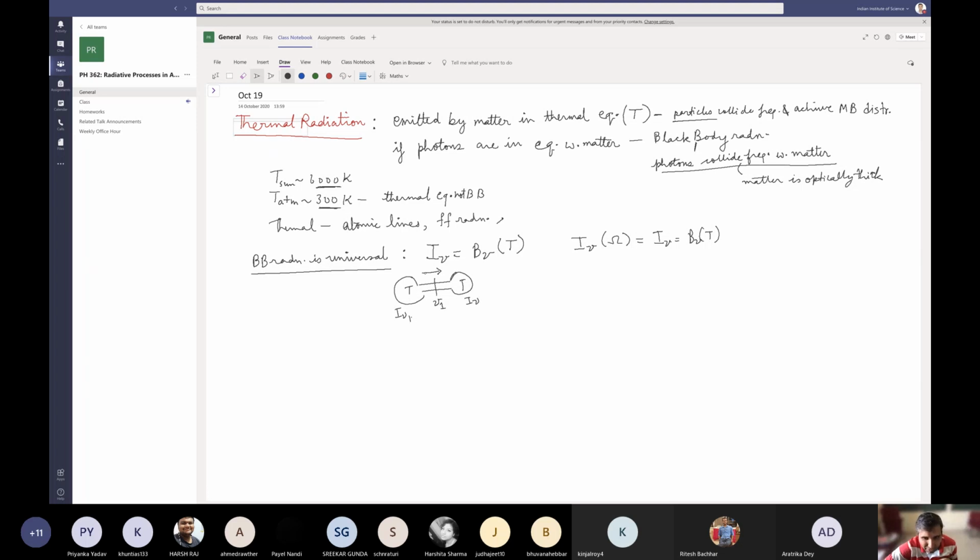Then photons will go from here to here, and you will transfer energy between reservoirs at the same temperature, which is not consistent with the laws of thermodynamics.